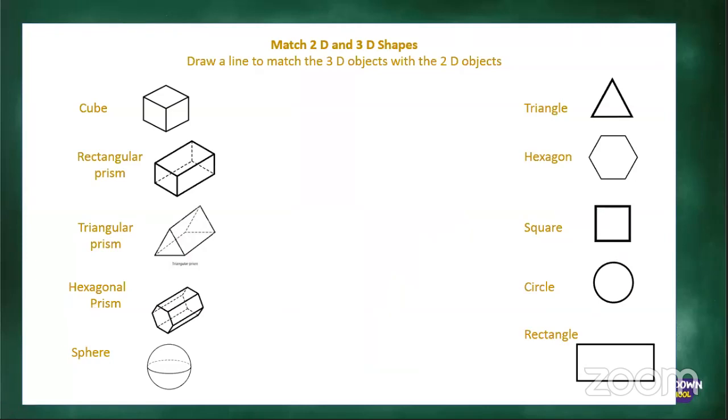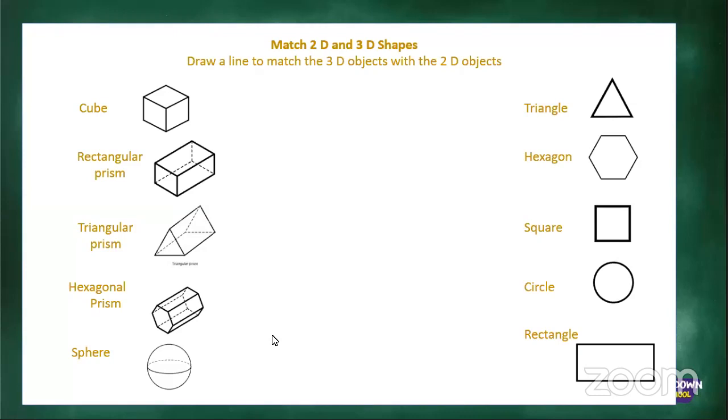All right, now moving on, my laptop automatically took me to the next slide. Now let's quickly go, before we run out of time, to our next activity. We're matching 2D shapes with 3D shapes. You'll just tell me the name.